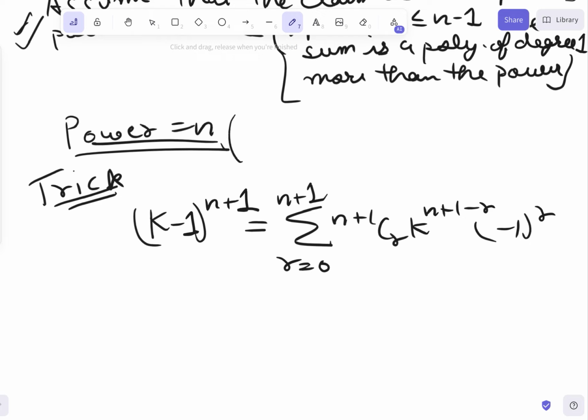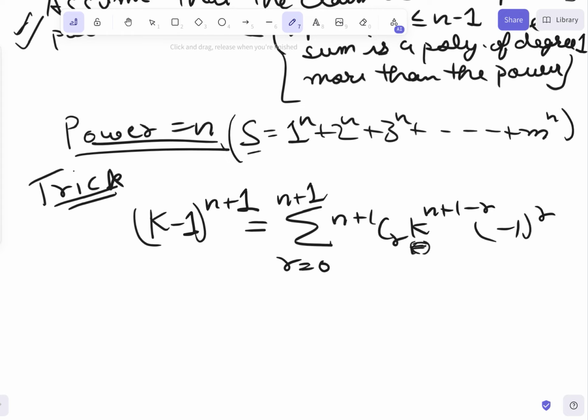So let me write the sum here as well so you can easily see what we were trying to find. Now if you see these power n's, a term with power n will appear here. And the idea is if we sum over k from 1 to m, it will look exactly like our sum that we have to find.